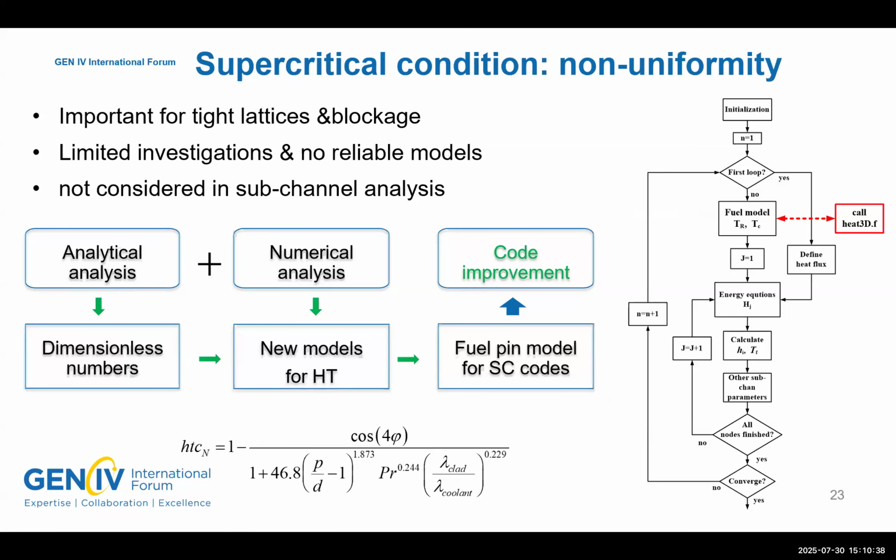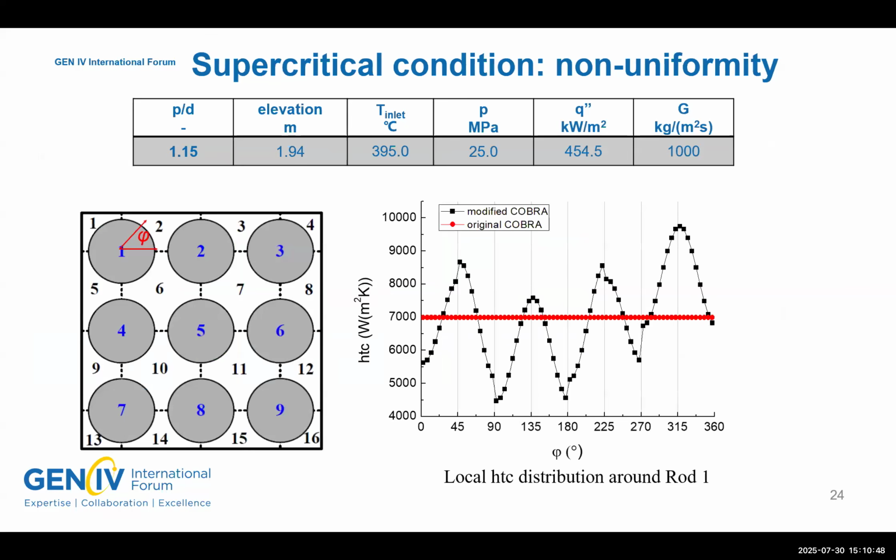So we take this heat transfer coefficient into the subchannel code, and then you will see that, if you see the subchannel on the left side, the code can predict the local heat transfer distribution around one rod.